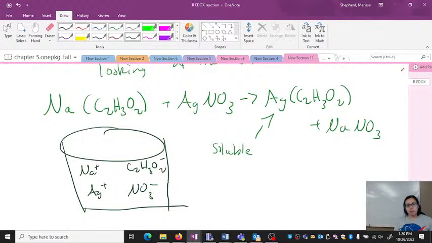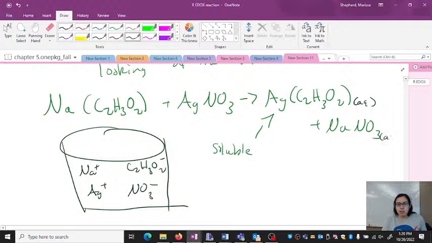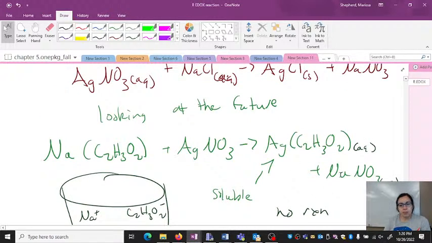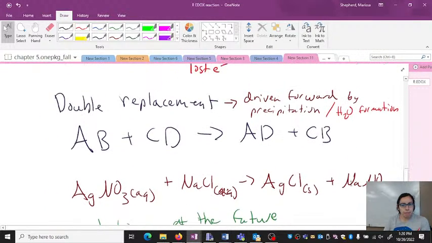In that case, you could just put AQ, AQ, and no reaction. We'll hit this later in the course when we talk more about solubility rules, but that at least tells you where we're going with that.